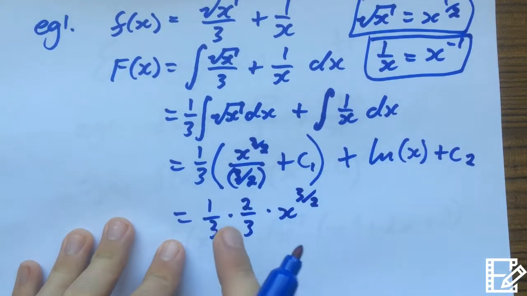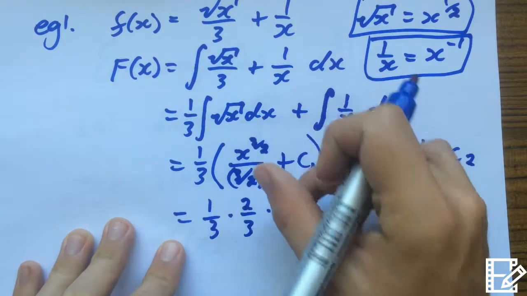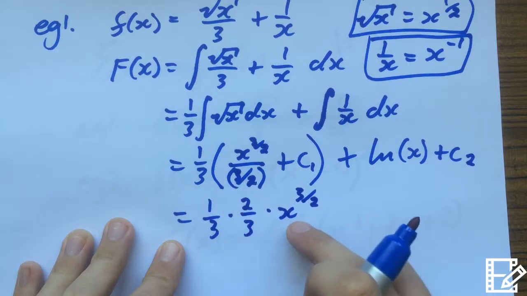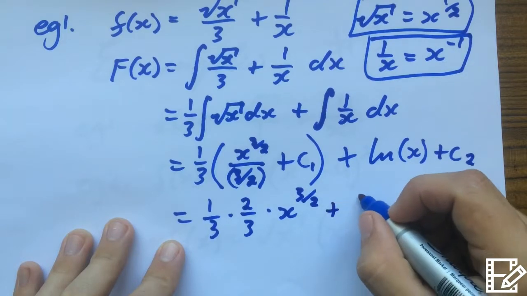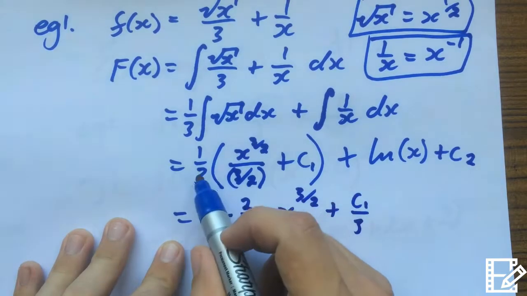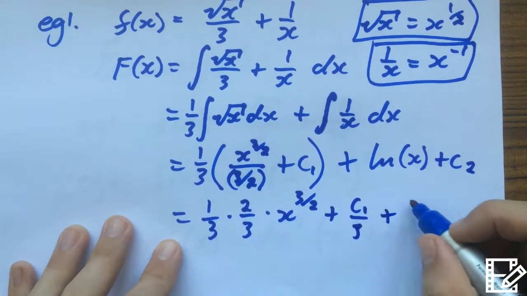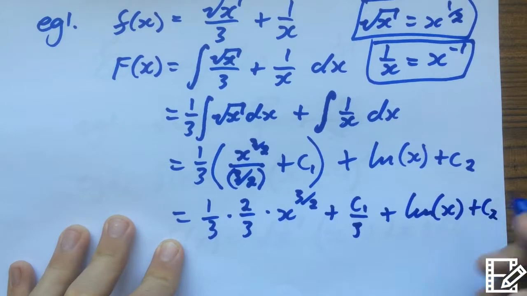Multiplying by the reciprocal. So we basically bring out the fraction, flip it, and then multiply it back in, which is what this is. 3 on 2 on the bottom, now it's 2 on 3 and multiply it onto it. And then we're going to have plus C1 on 3, because we've got to multiply the 1 on 3 onto the C1. And then we just add the ln of x and then the c subscript 2.